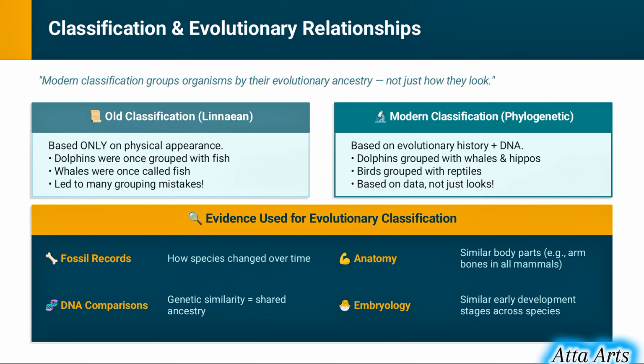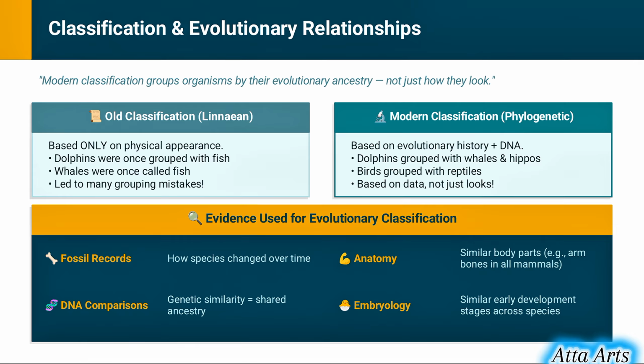Dolphins were classified with fish because they both live in the sea and have a similar shape, but dolphins are actually mammals. They breathe air, give birth to live young, and feed their babies milk. Whales were also called fish for centuries, but they are mammals too. So the old classification system based only on looks was not reliable enough.